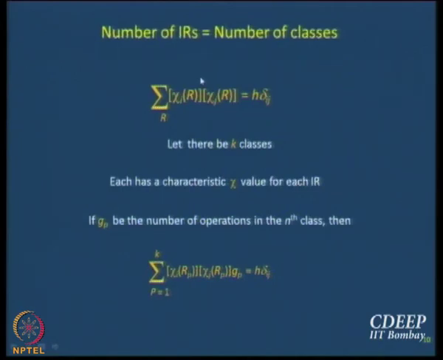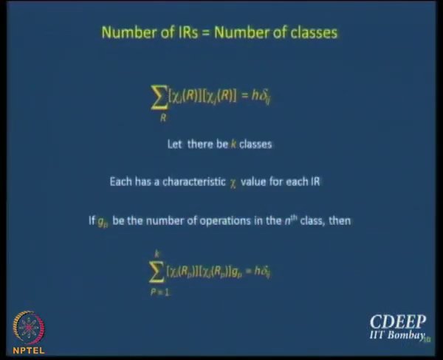The total number of irreducible representations, IR here does not mean inferior or any other thing, irreducible representation. Total number of irreducible representations is the number of classes. Once again, we are going to discuss it in little more detail when we come back. This also arises out of the condition that has to be satisfied by a set of orthonormal vectors, right? But the answer that we need to work with is number of IRs is number of classes.